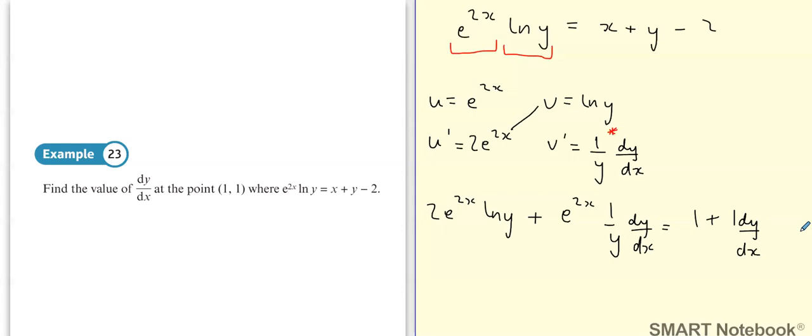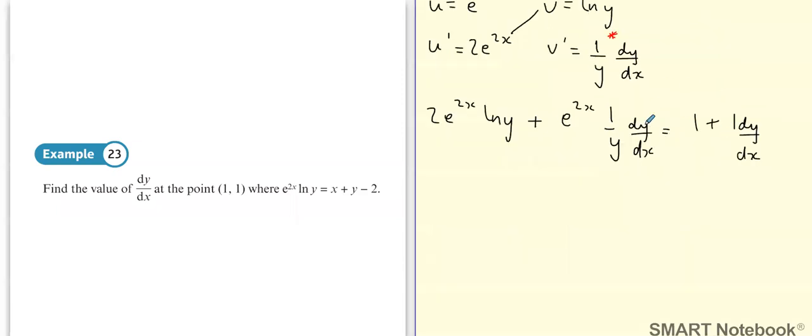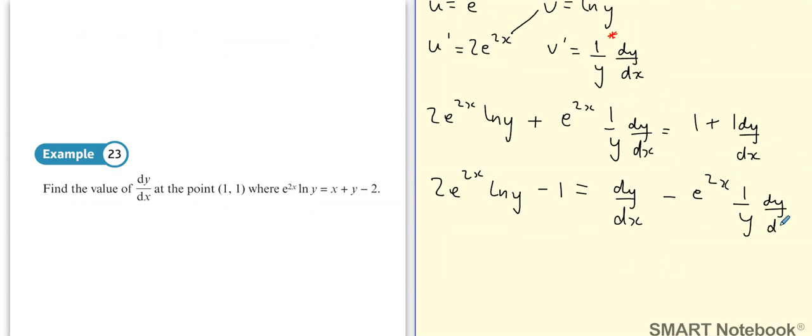Right, I want you to now make dy by dx the subject of this equation from here, and let me know what you get once you are done. So to make dy by dx the subject, I can collect dy by dx on one side. Maybe I'm going to collect them on the right-hand side and everything else on the left-hand side. So 2e to the 2x ln y minus 1 equals dy by dx minus e to the 2x 1 over y dy by dx.